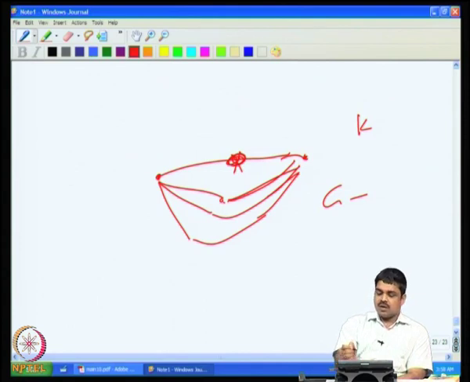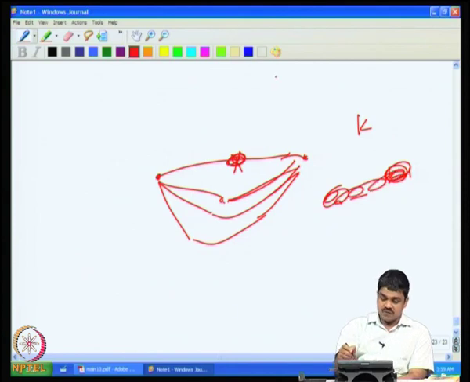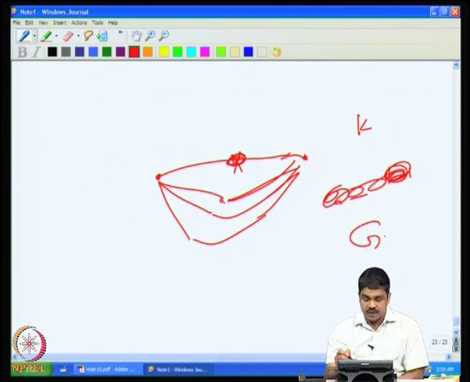So that will tell me it is k minus 2 plus 1, which is k minus 1 connected, so you can separate the graph G by removing just k minus 1 vertices.